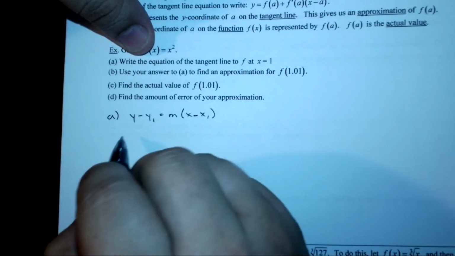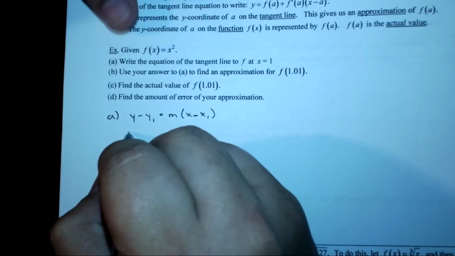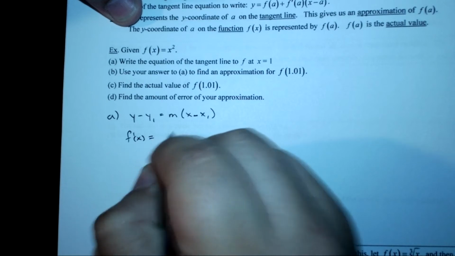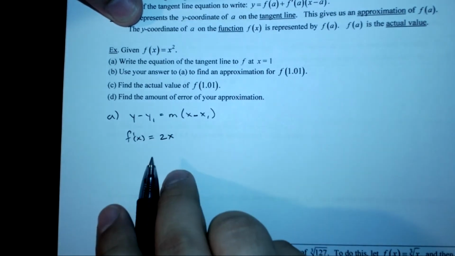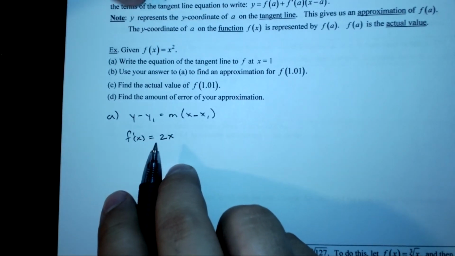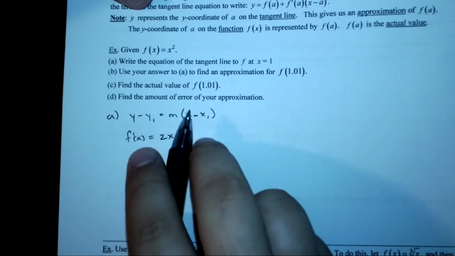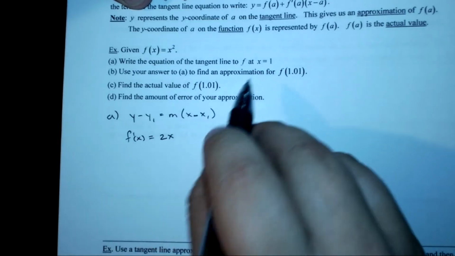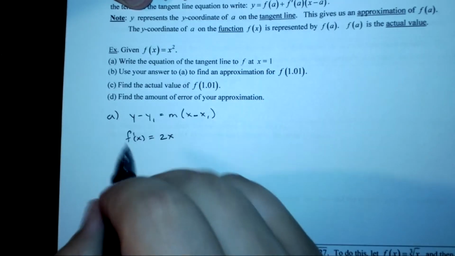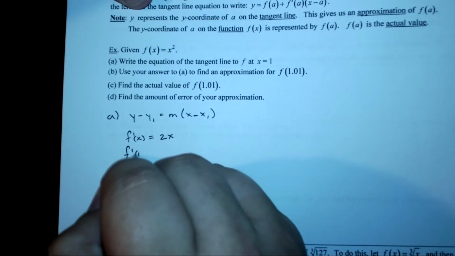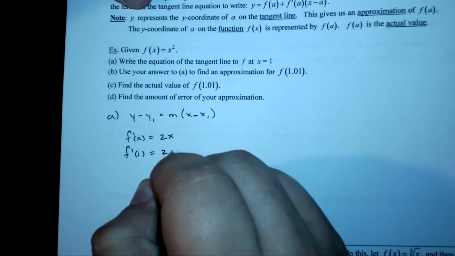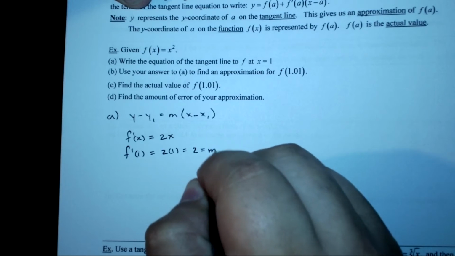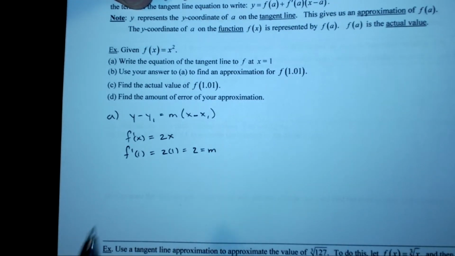So let's start off by finding out what those values are. We know that f prime of x, the derivative, is equal to 2x, and this gives us our slope of this tangent line. However, we're looking for the value at x equal 1. So f prime of 1 is equal to 2 times 1, which is just 2. So our slope m is equal to 2.